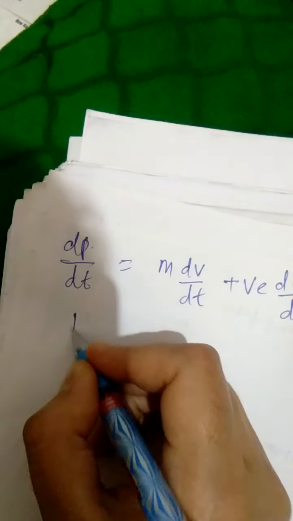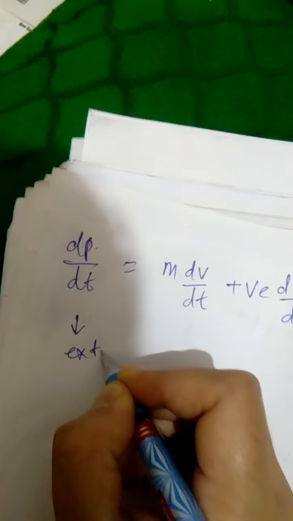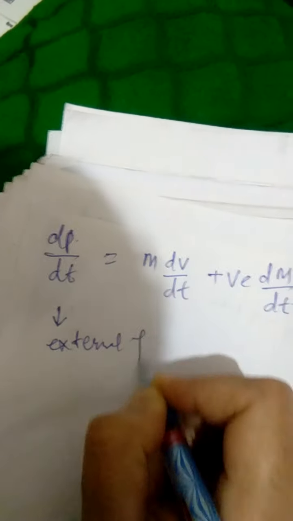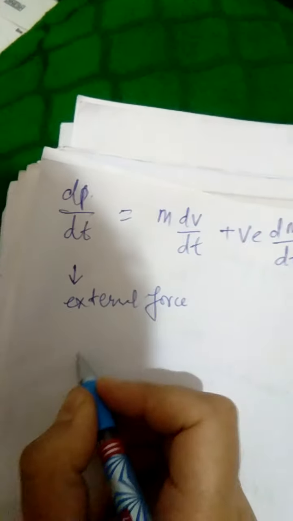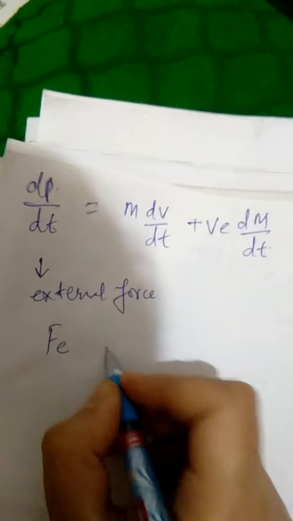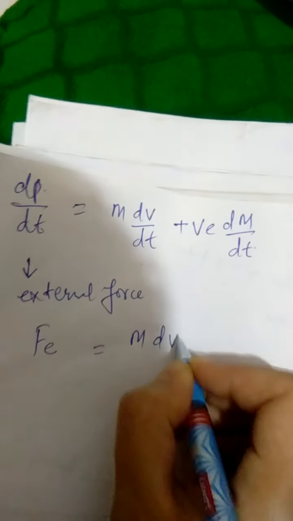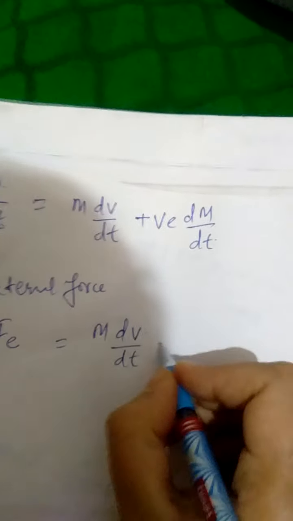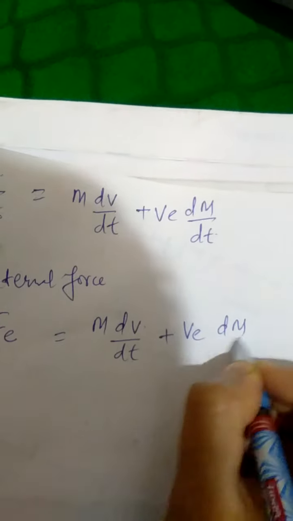Now, this is the external force, so we'll replace it by Fe. So this Fe is m dv by dt plus ve times dm by dt.